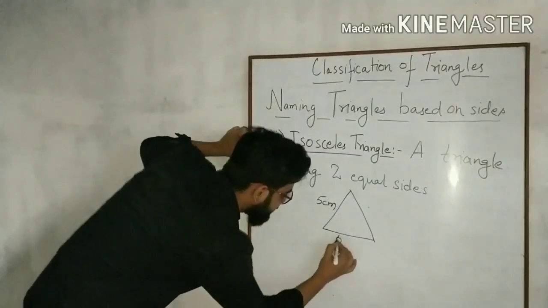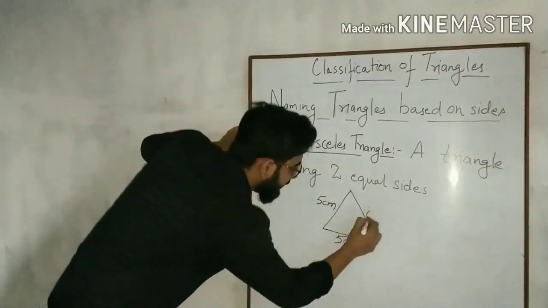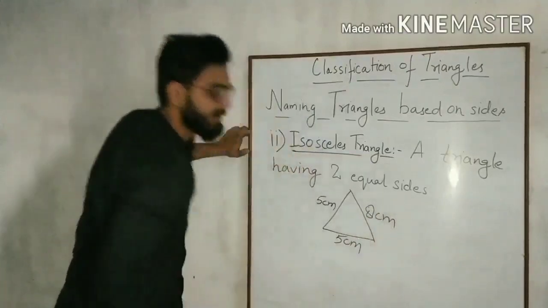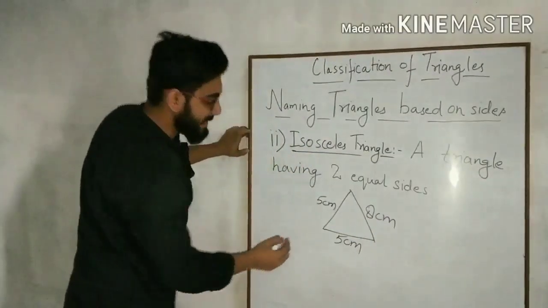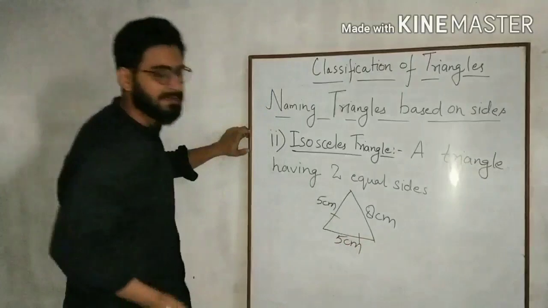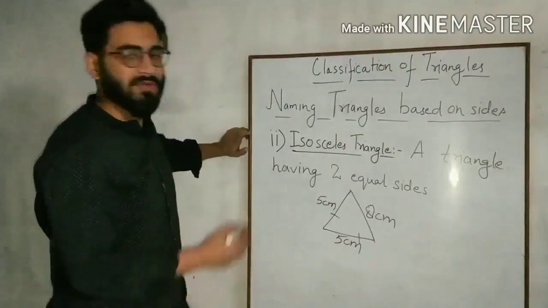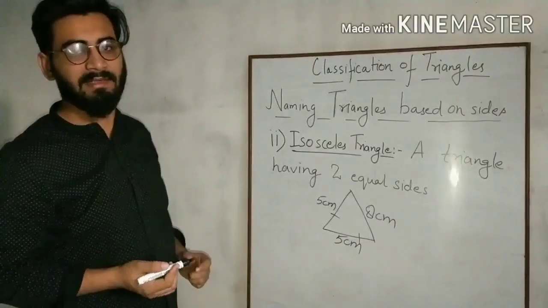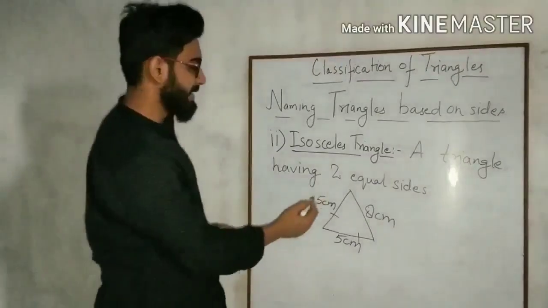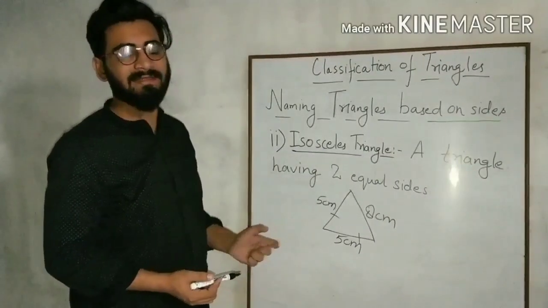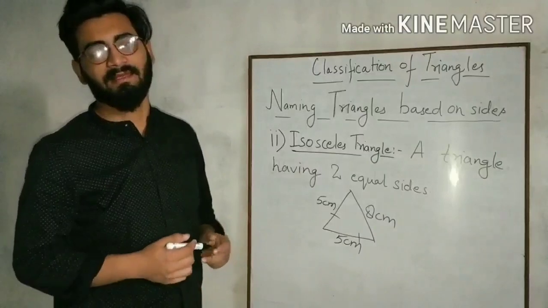Okay, and this side is also of 5 centimeter, and this side is of 8 centimeter. So you can clearly see that these two sides are equal. Okay, so this is an isosceles triangle. So what is an isosceles triangle? A triangle having two equal sides is an isosceles triangle.